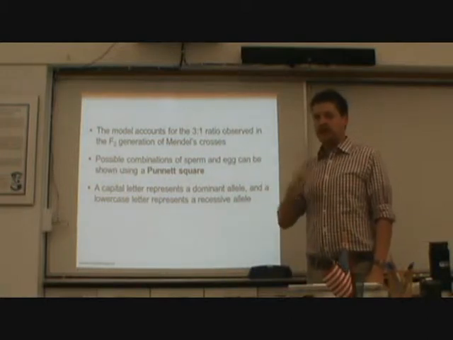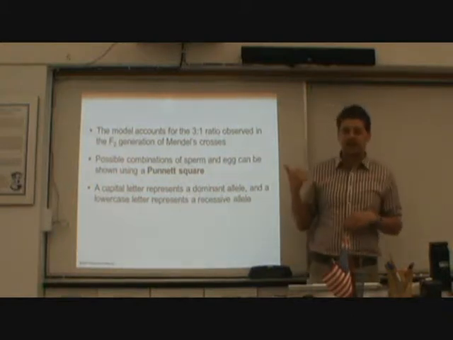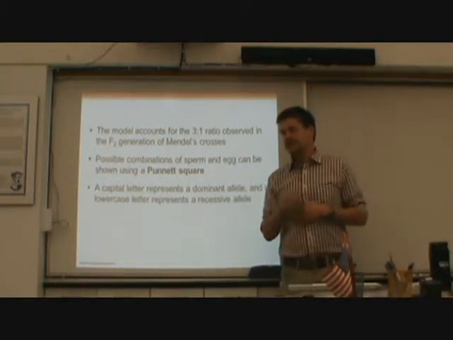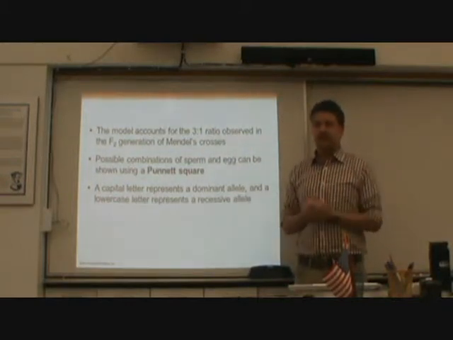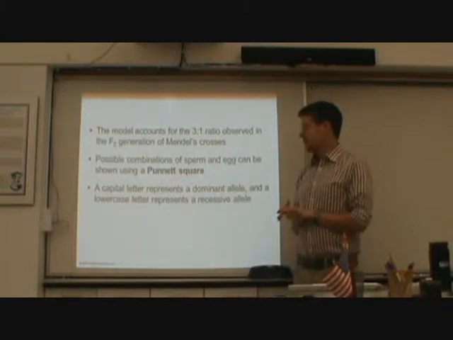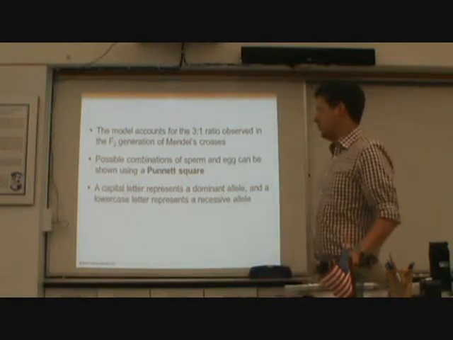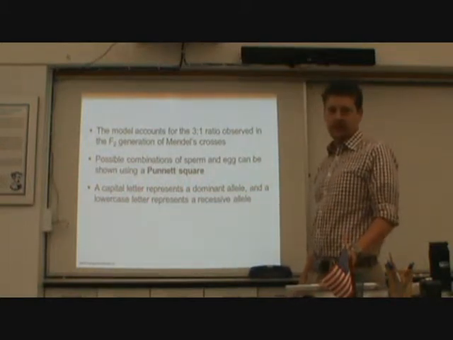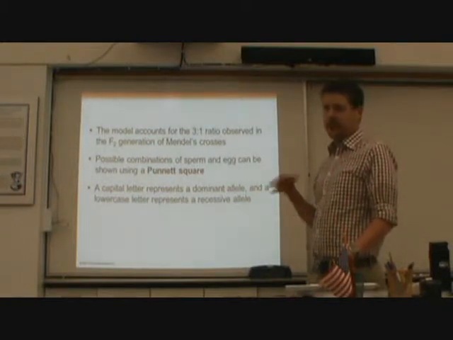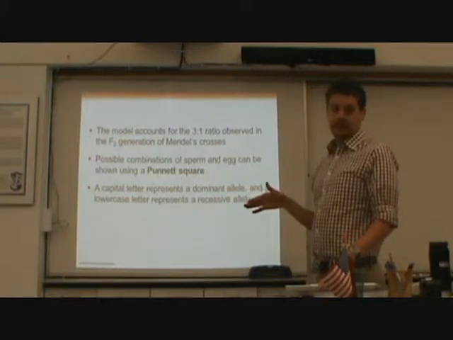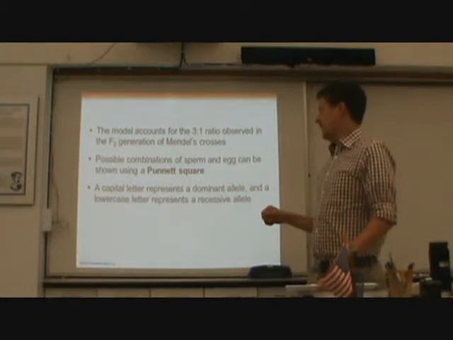So that model accounts for that 3-to-1 ratio that he got in the F2 generation. And we can determine what the possible outcomes of different crosses are by using what's called a Punnett square. This Punnett square was named after a guy, I'm trying to remember his first name, a guy named Punnett, obviously. And he was a biologist, I believe a British geneticist. And he was going through grad school right around the turn of the century. And remember that Mendel's papers were kind of forgotten about up until 1900, when they were rediscovered and people were more ready and willing to accept those ideas.